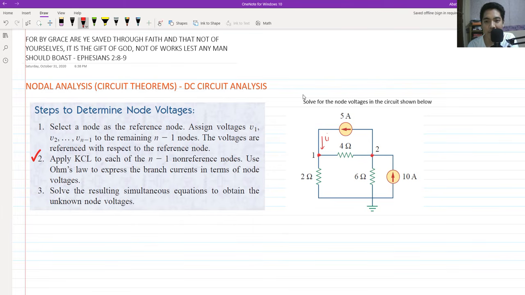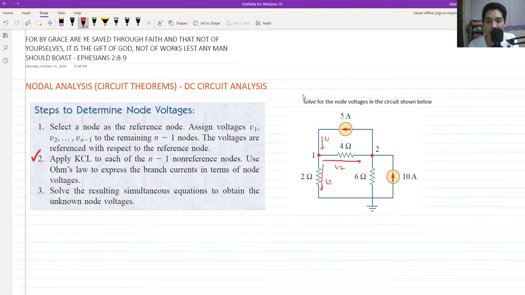And then if we analyze, we also have a current in this direction. So we have I sub 2. We can assign that I sub 2, and in this direction, I sub 3, so that it would not be confusing.